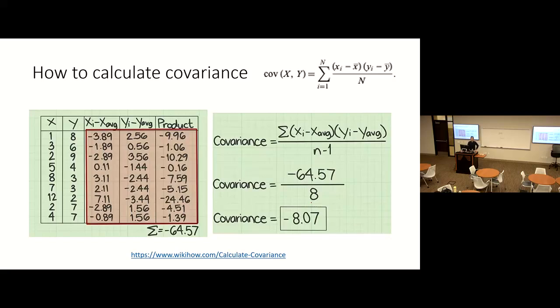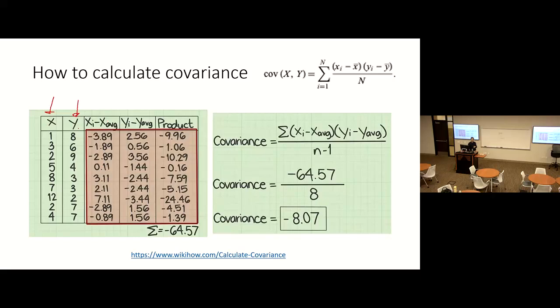So what is covariance? When you say covariance, it means two different genes, two vectors. Now we need to have a pair of variables. So in this case, we have x and y. We will deal with x and y separately first.